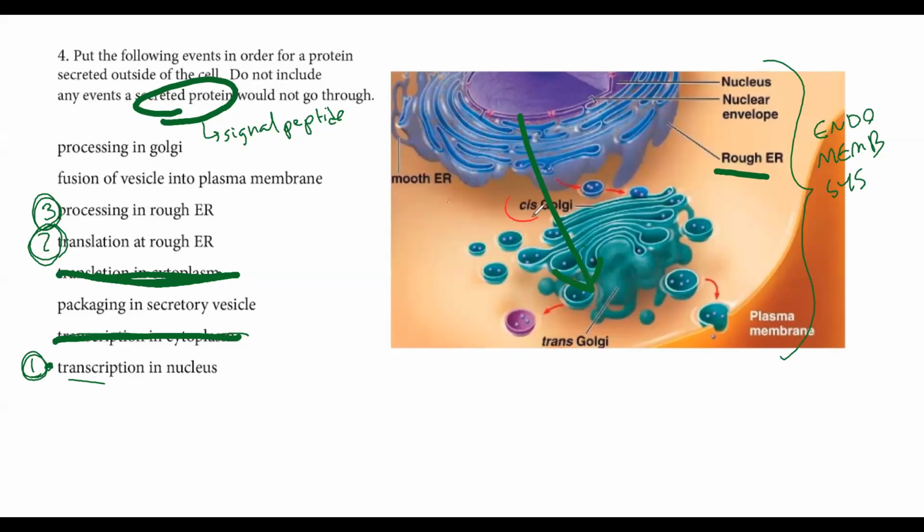So cis, you'll learn this when you get a little bit deeper into Chem 1C. Cis means same. It's the cis side of the Golgi because it's on the same side as the ER. Then it leaves the Golgi through the trans side. Trans means opposite, so it's on the opposite side from the ER. Another way to remember is it goes from C to T, or in alphabetical order. Regardless, after the ER, that's when it hits the Golgi.